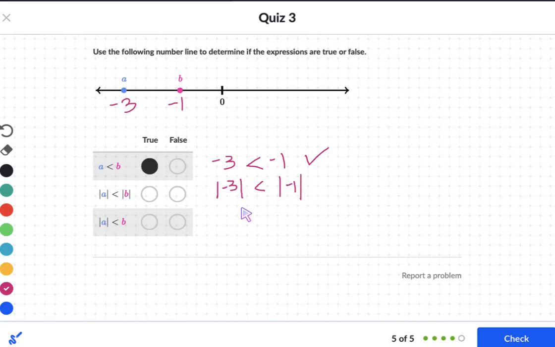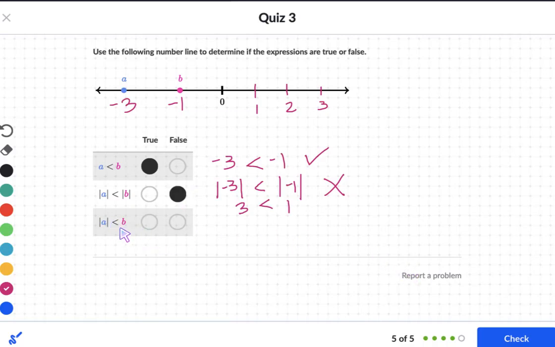The absolute value of negative 3 is 3. Negative 3 is 3 spots away from 0. And then absolute value of negative 1 is 1. It's only 1 spot away from 0. Is 3 less than 1? Let's see. Here's 1. Here's 2. Here's 3. 3 is not less than 1. 3 is greater than 1. So that one's false.